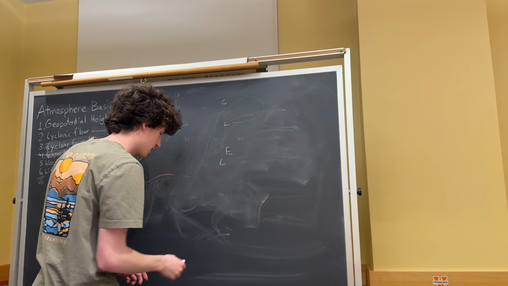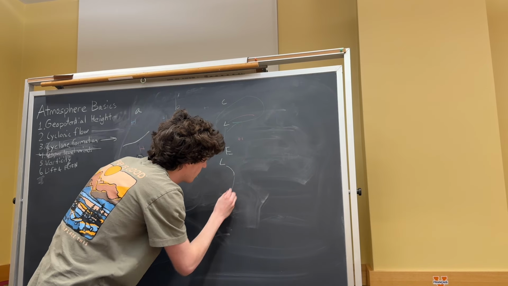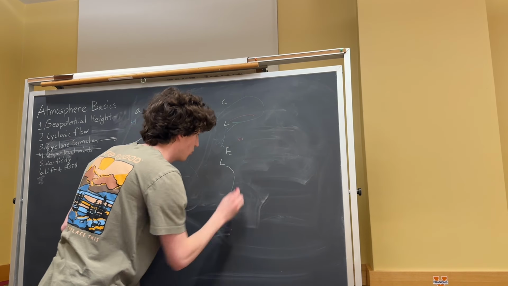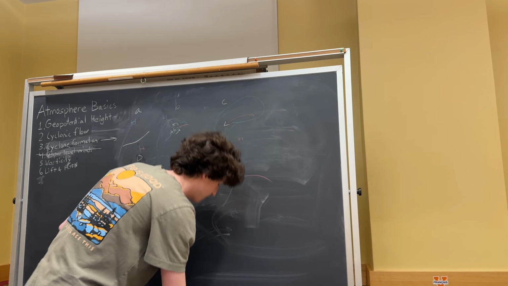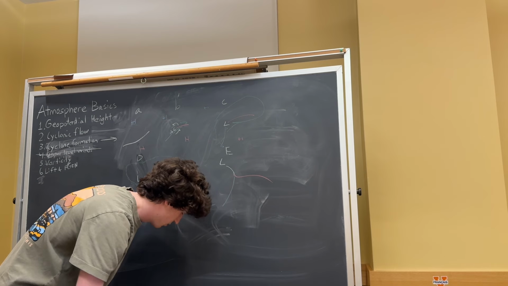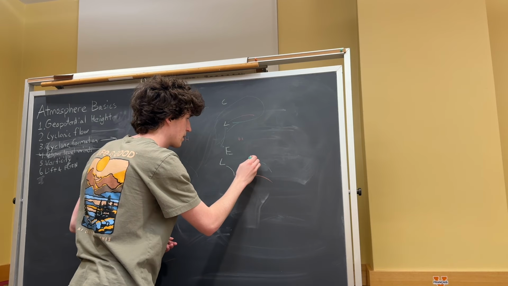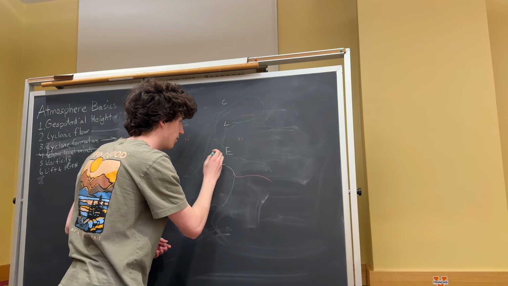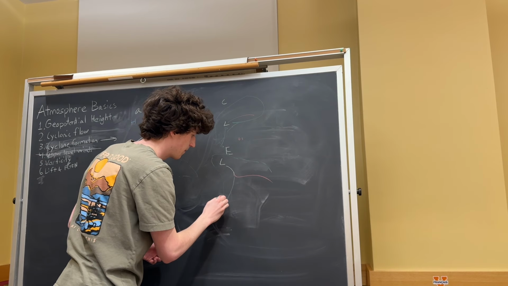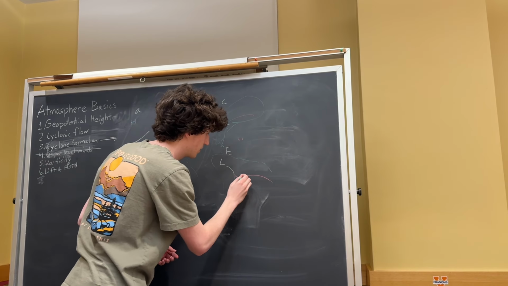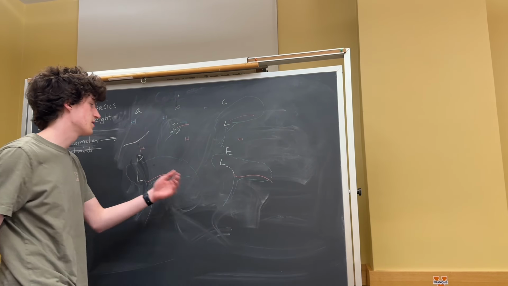Right? And at this point, it's pretty much all cut off from this warm, moist air that was helping to fuel it. So while there's still some precipitation associated with it, it's not really strengthening. It's just sort of still existing, and it eventually dissipates fully.